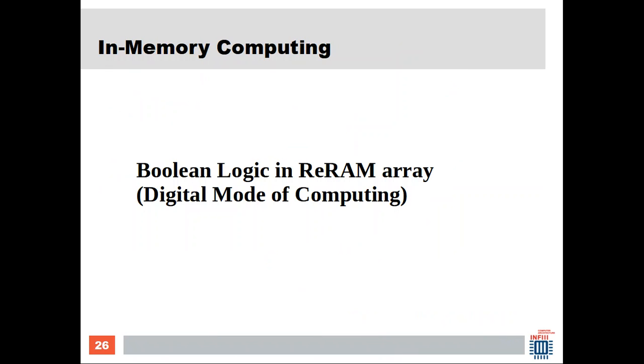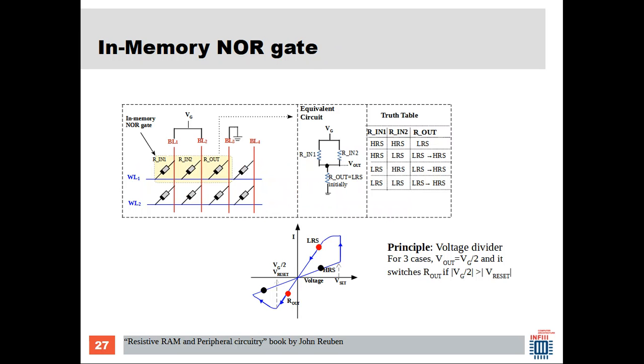And so the last chapter, part 3, chapter 8, you can split it in two parts. One is Boolean logic in memory array. That is basically a digital mode of computation. So I discuss the in-memory NOR gate. The basic principle of this is a voltage divider, and so this forms an in-memory NOR gate.